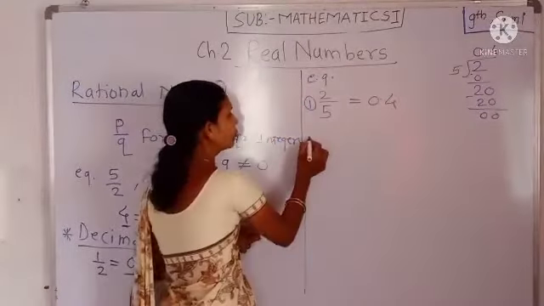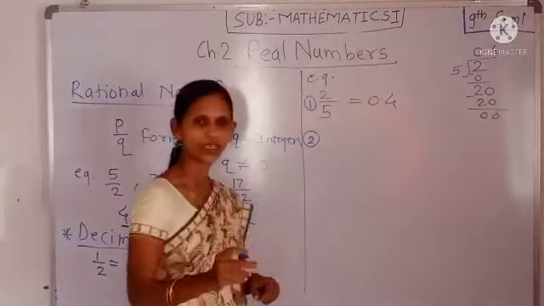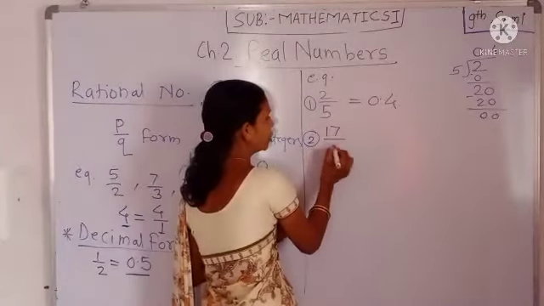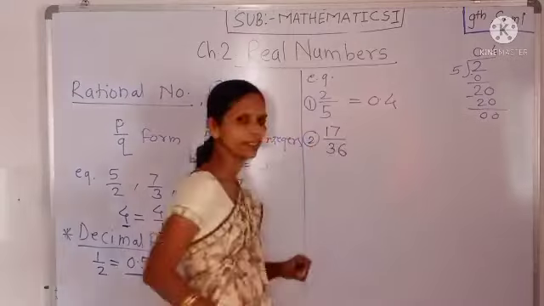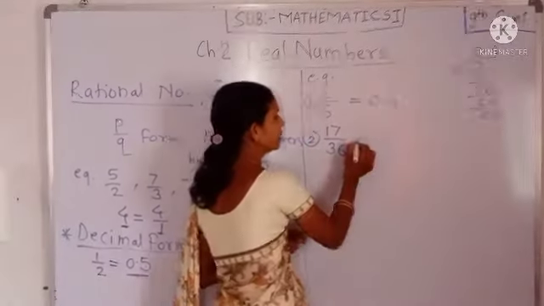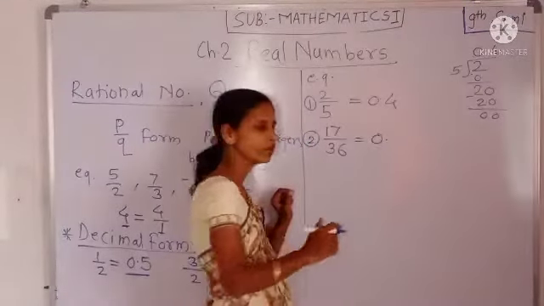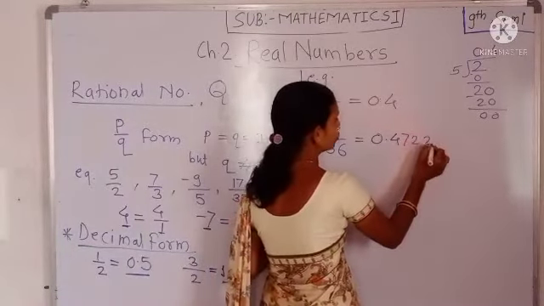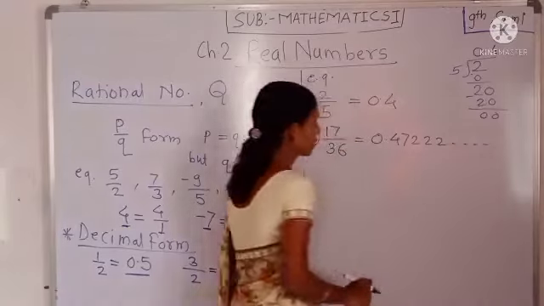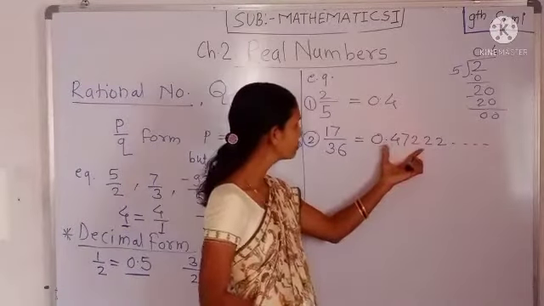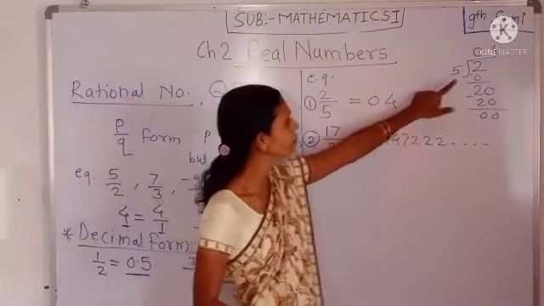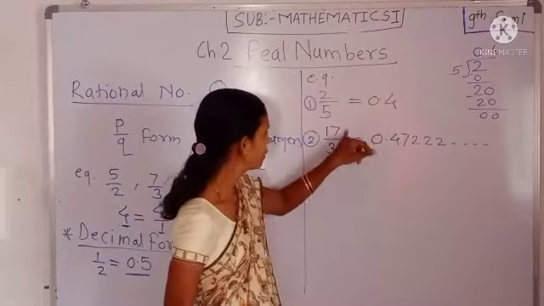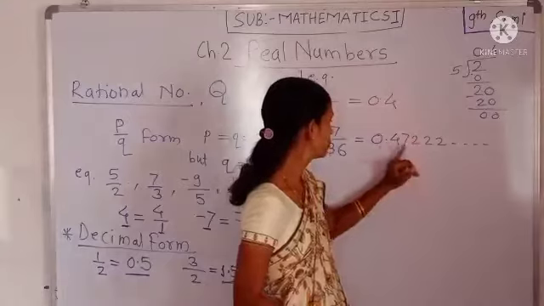A few more examples of rational numbers are given here, that is 17 upon 36, which is written in decimal form as 0.47222222. The decimal form of this rational number is obtained by doing this calculation, or this division.